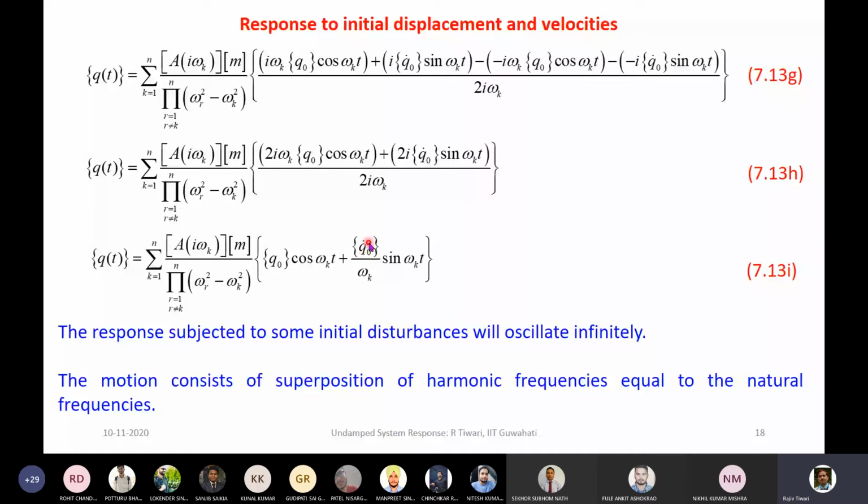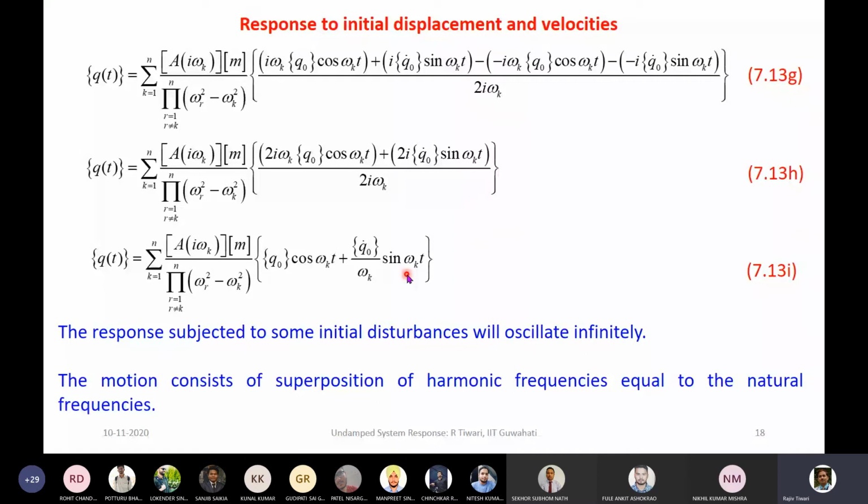These are the harmonic functions, and we represented omega k as the natural frequency of the system. Because these are constant quantities, because of the initial conditions we'll have motion which will be harmonic in nature, and their frequency will be equal to the natural frequency of the system.